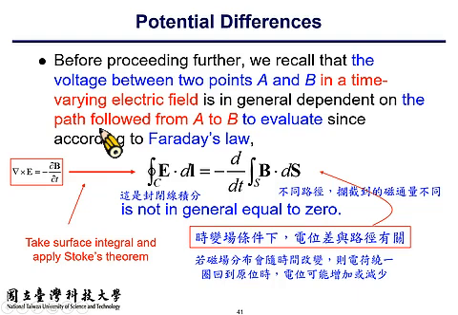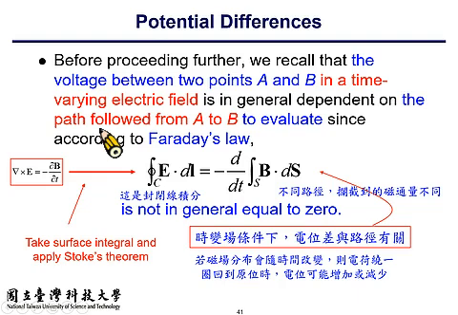If the magnetic field is time variant, the voltage difference or the potential difference between 2 points is a function of the path that you integrate. On the other hand, if the magnetic field is static, not time variant, then the integration of electrical field intensity under different paths is the same.